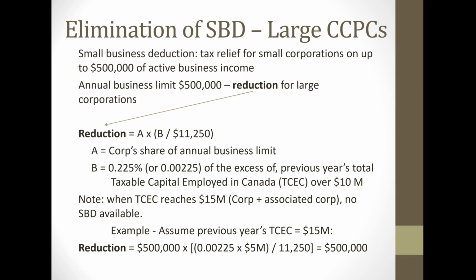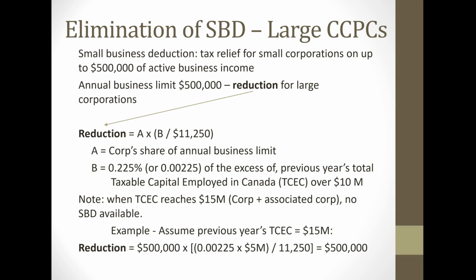Our reduction formula, A is 500,000 times B, the amount over 10 million is 5 million times 0.00225. That's going to result in 11,250 over 11,250, which is basically 1.